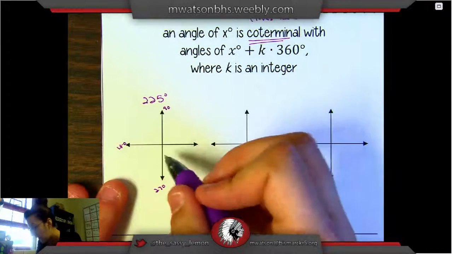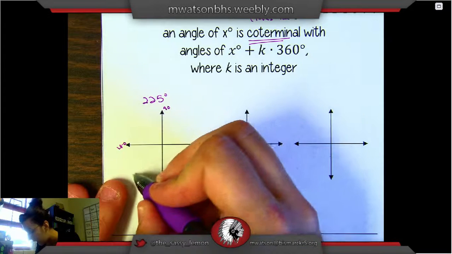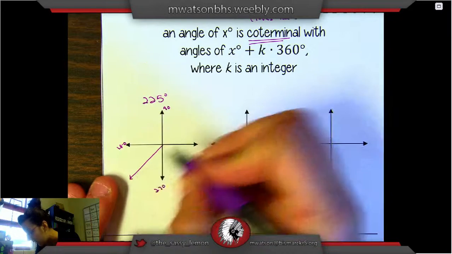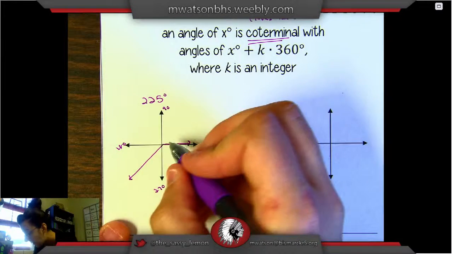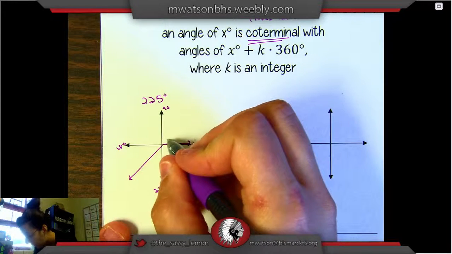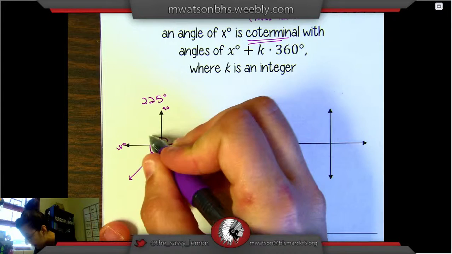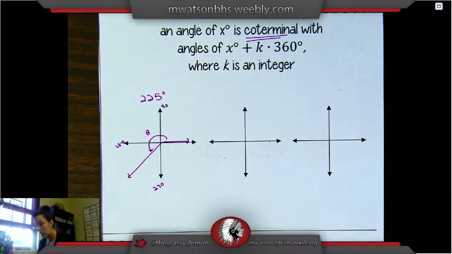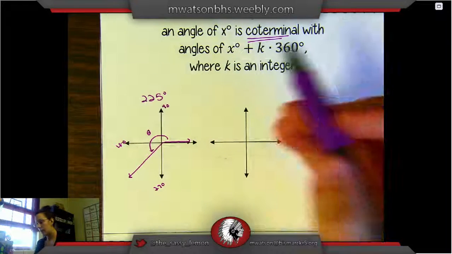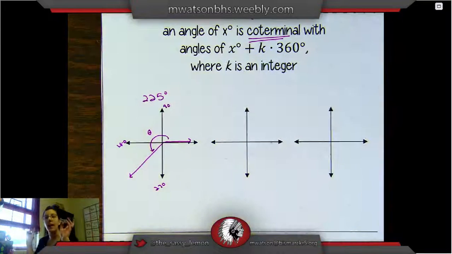It's going to fall about halfway between 180 and 270. So there's my initial and terminal side. This is a positive angle, so we're going to go counterclockwise, and we'll label it with theta. We can call this our initial angle that we're working with. This is our x for the sake of this problem.